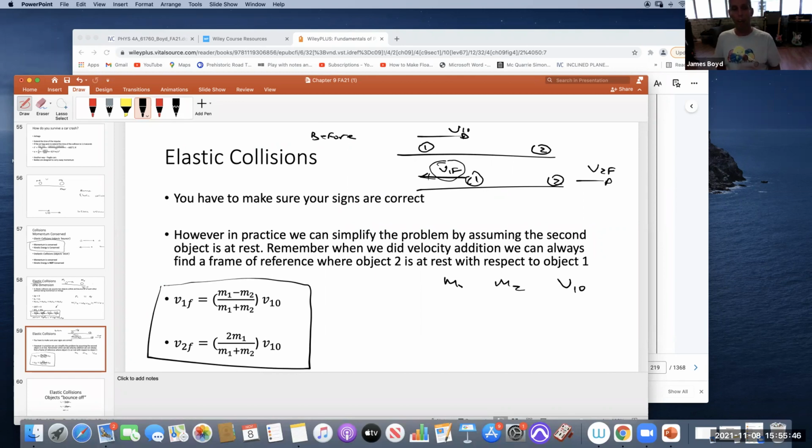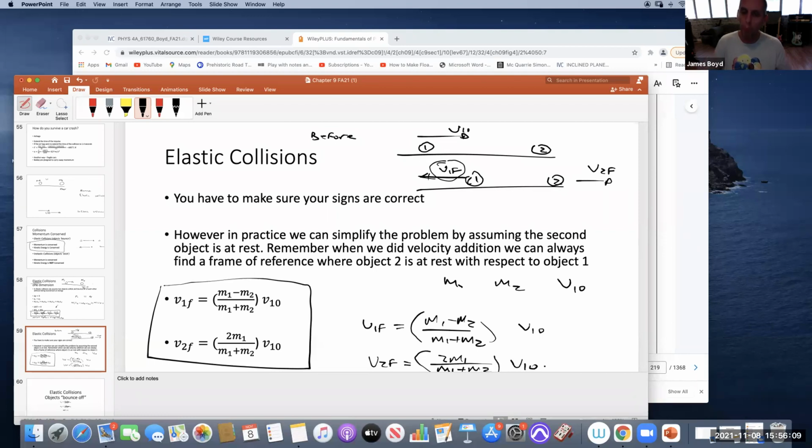Happily, you have two equations. v1 final is equal to the difference in the two masses over the sum of the two, times v1 initial. v2 final is equal to 2 times m1 over the sum of them, times v1 initial.